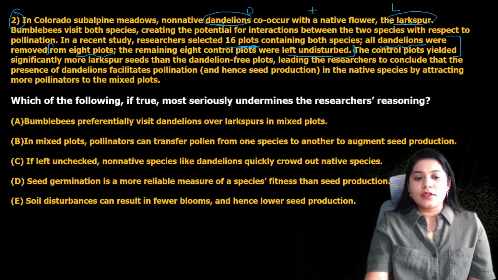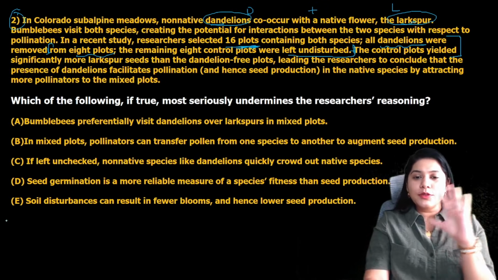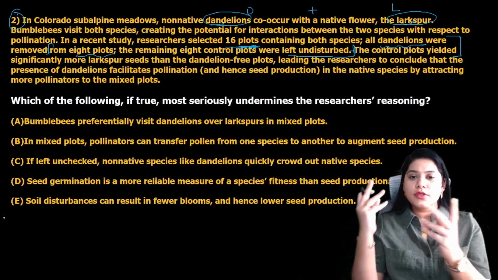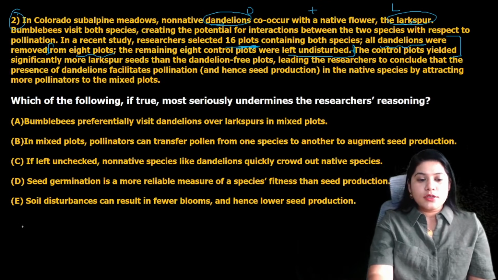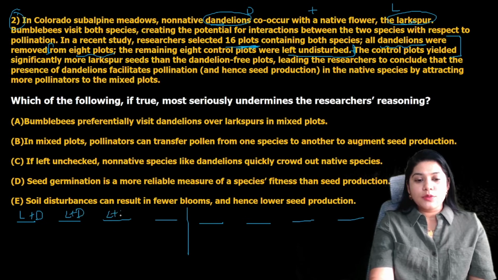See, let's understand this. So they took 16 plots, 50% of which, 8 plots, they removed dandelions from, and the rest, 50%, remained undisturbed. So let us make these kinds of plots here. Say instead of 16, I'll make 8 plots, right? In these plots, if dandelions were removed, let's say earlier there were larkspur plus dandelion, larkspur plus dandelion, larkspur plus dandelion, larkspur plus dandelion.